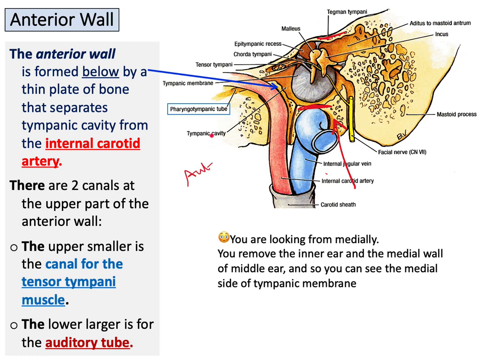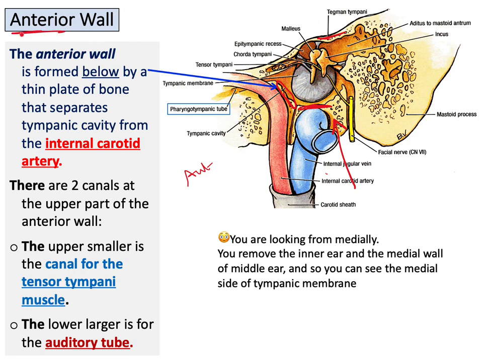That's here, anterior. You remember that the pharyngotympanic tube, or we call it the auditory tube, is located anteriorly. That's fine, leave it for now. The anterior wall is formed below by a thin bony plate that you see here.